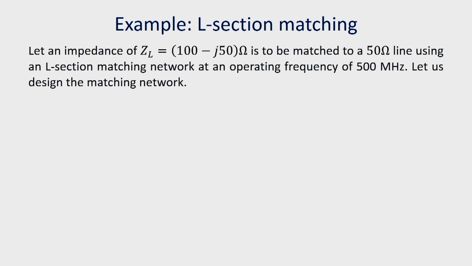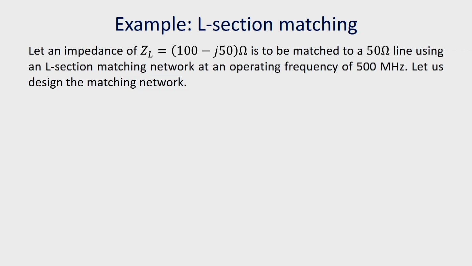So, we consider an example of L section matching network design, and let an impedance of Z L equal to 100 minus j 50 ohm be matched to a 50 ohm line using an L section matching network at an operating frequency of 500 megahertz.